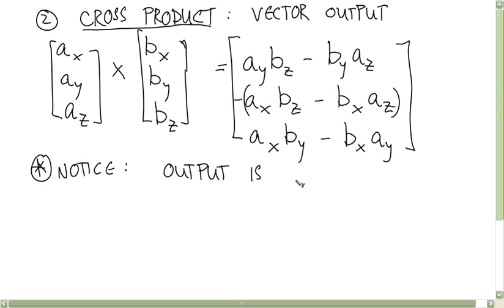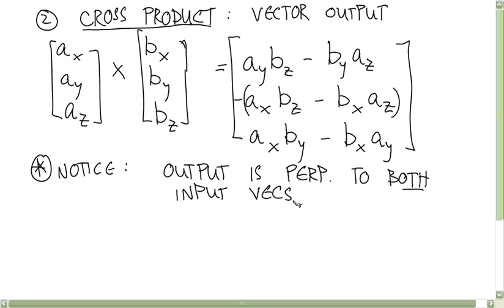So notice with the cross product, the output is always perpendicular to both of the two input vectors. And which direction is it? Say you have two vectors here. What's a vector that's perpendicular to both of those? There are two of them. There's one here and one here.